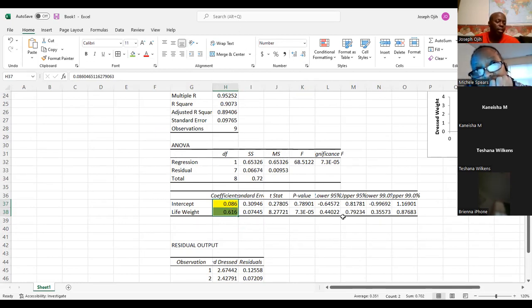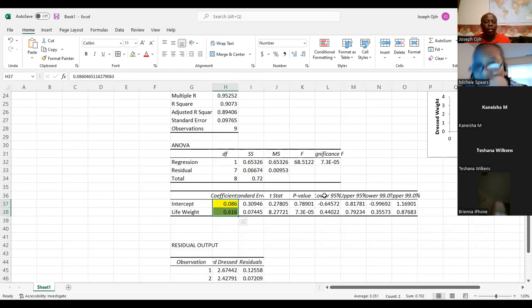Let me write them down so that I can just go there and type them in. b0 equals 0.086. b1 is 0.616.